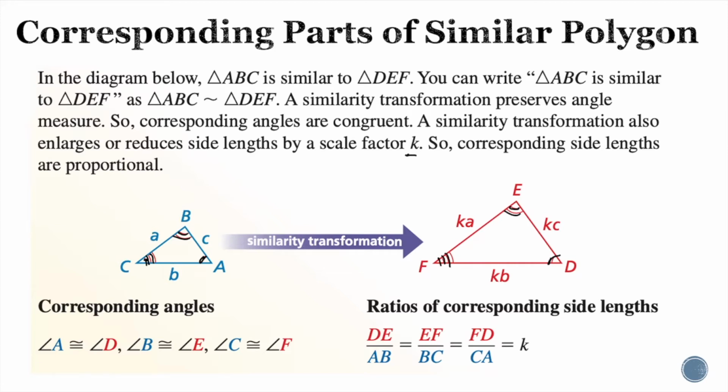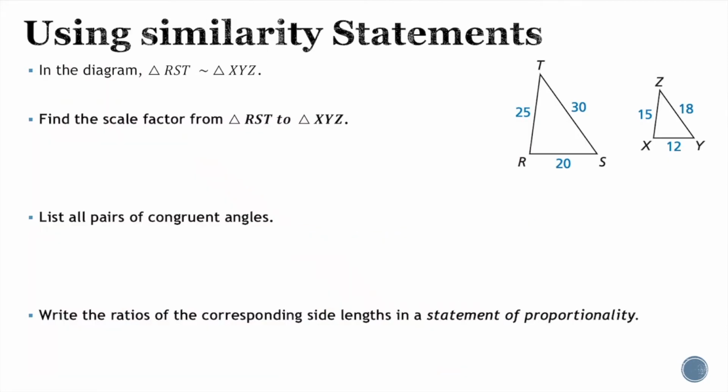So going from the left triangle to the right, we multiplied it by some scale factor k, in which case it's k times a, k times the side length c, k times the side length b from the previous triangle. So corresponding side lengths are proportional, basically everything you see down here, while all corresponding angles are congruent. This is very important to what we're about to see.